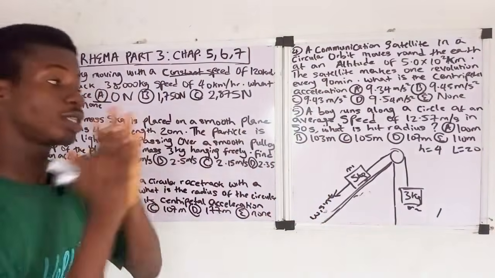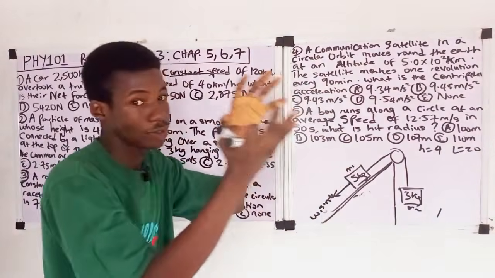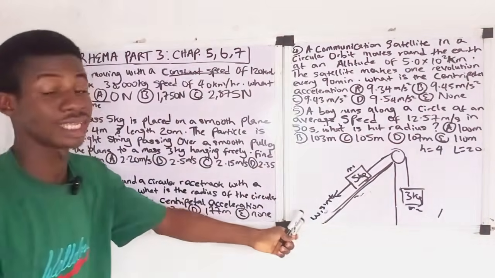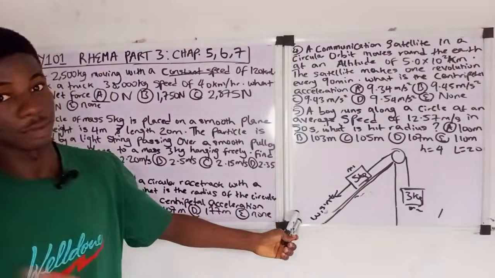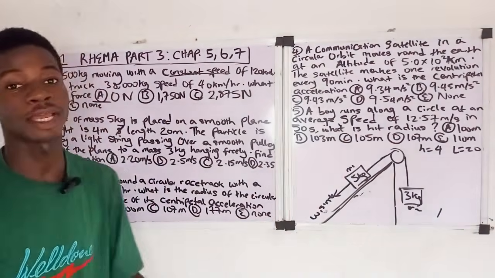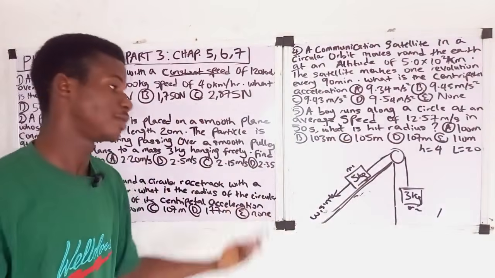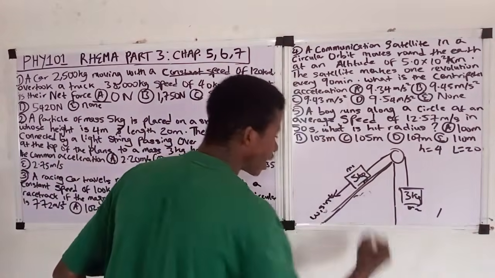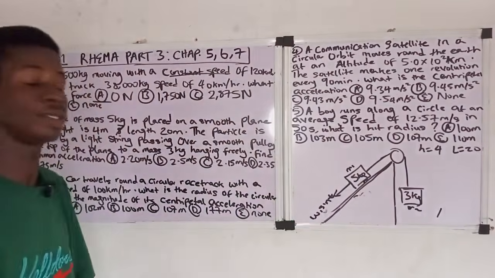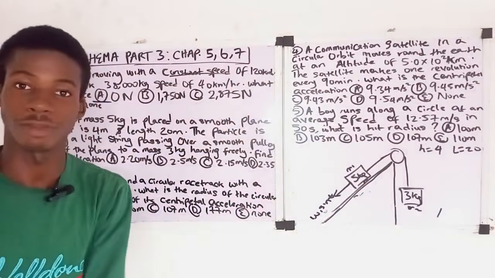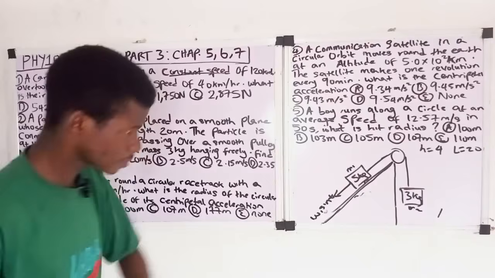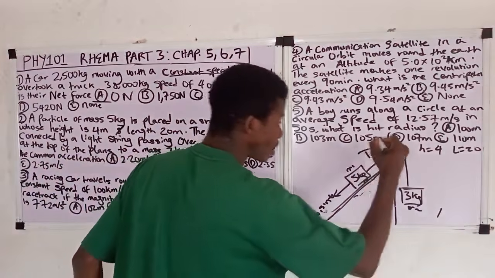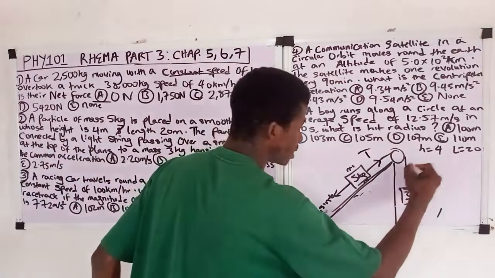When an object is on a plane, there is this force that tends to bring the object downwards, known as the parallel weight component. There's still another force acting perpendicular, known as the perpendicular component of the weight. Apart from that, normally there's a tension here, and there's still another tension here.